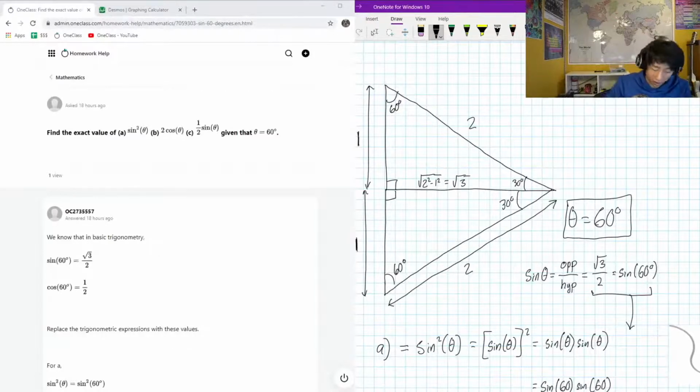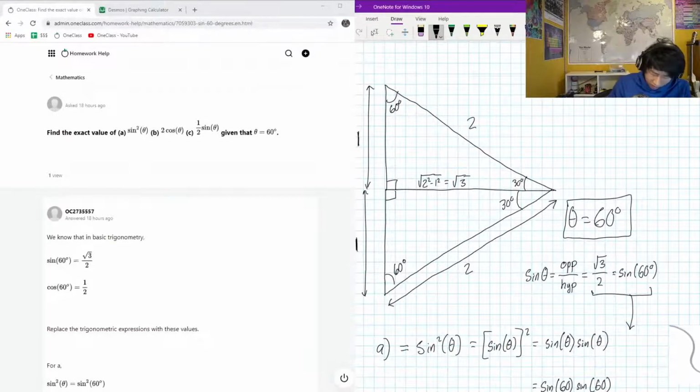Now if we continue with this expression, root 3 on the top multiplied by root 3 is just going to be a regular 3. The roots neutralize each other. So that's just going to be a regular 3 over the bottom, which is 2 times 2, 4. So 3/4 is going to be sine squared of 60 degrees, or 0.75.